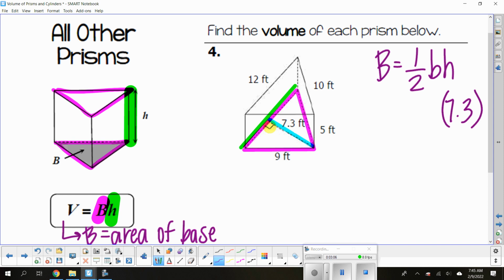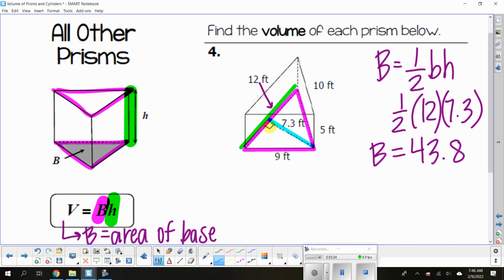My base of the triangle, well, that green segment is white, but if I look behind it, this 12 can go up. Because the rectangle opposite sides are congruent. And then we have our 1/2. So big B is going to be equal to 43.8.